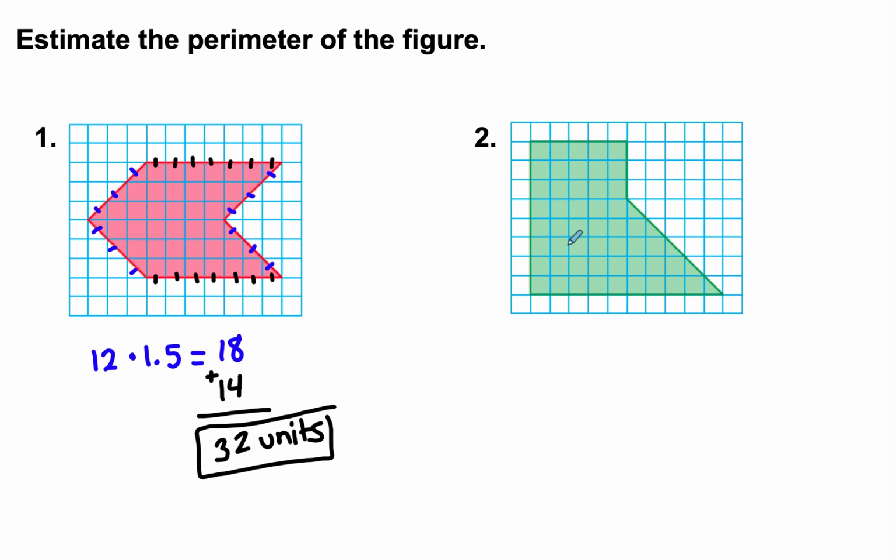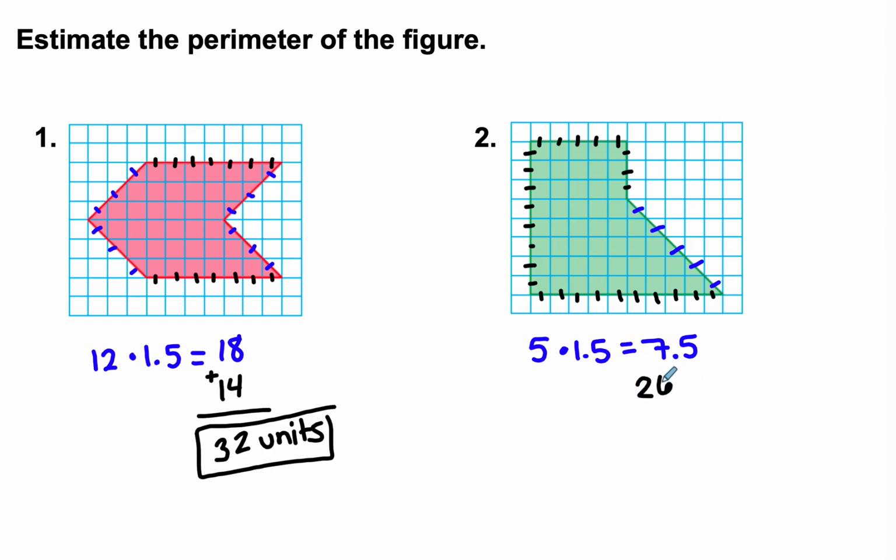Okay, let's check our next one. I'm going to start with my diagonals. 1, 2, 3, 4, 5. So I have 5 diagonals times 1.5, which is about 7.5. Now I'm going to count my straight sides. 1, 2, 3, 4, 5, 6, 7, 8, 9, 10, 11, 12, 13, 14, 15, 16, 17, 18, 19, 20, 21, 22, 23, 24, 25, 26.